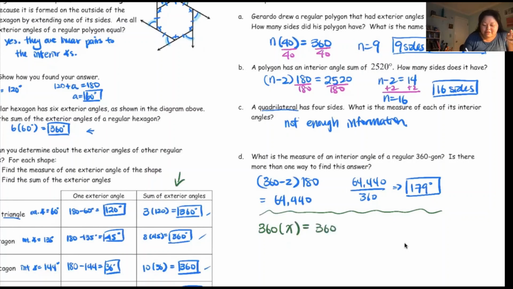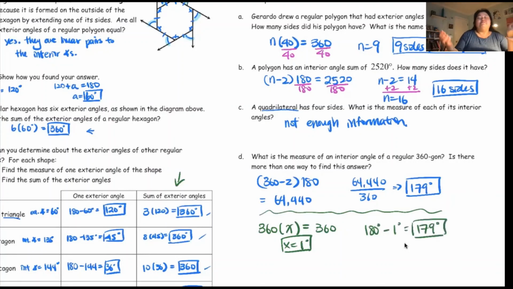So if I divide it through, x equals 1 degree. Each exterior angle is measuring 1 degree. And we know that interior and exterior are supplementary. So I can take 180 degrees minus 1 degree to get 179. So that's the second way. Maybe there's a third way, but those are the 2 ways I know. Okay, all right. That's it, folks.